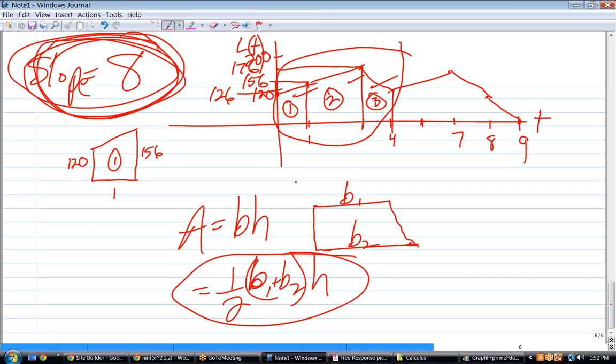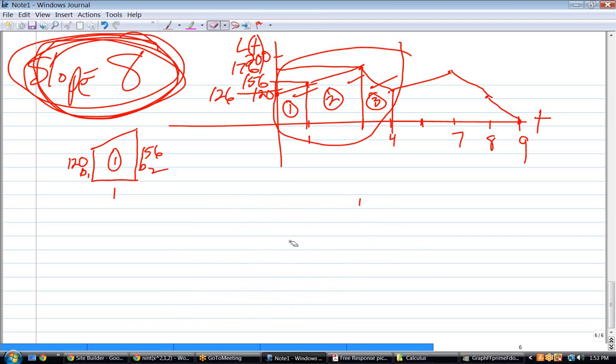Well, in this case, this is B1 and this is B2. So what's the area of that trapezoid? 138 is the average base, so the area of trapezoid 1 equals 138.